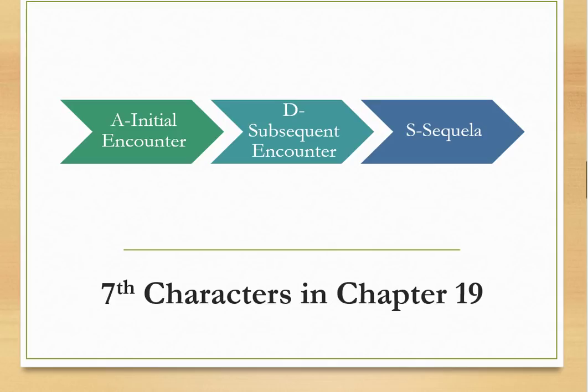Now, I want you to know that there is something called Z codes, and we're going to talk about those in chapter 21. But in the Z code family, we have codes that are known as aftercare Z codes. The aftercare Z codes should not be used for aftercare for conditions such as what's in this chapter, injuries or poisoning, where there's a 7th character that's available to specify subsequent care.